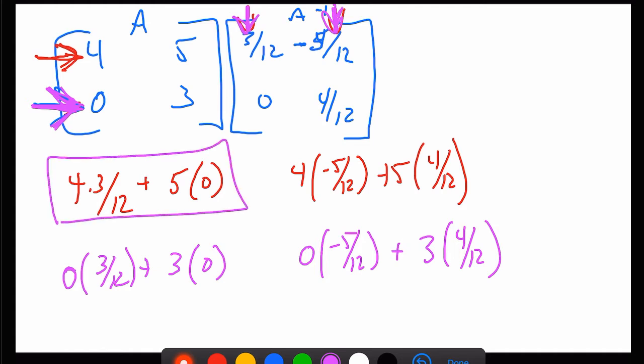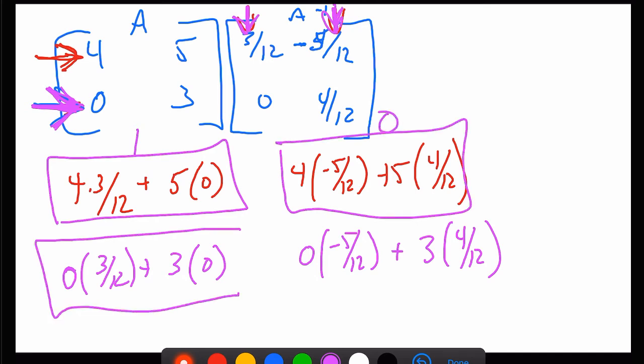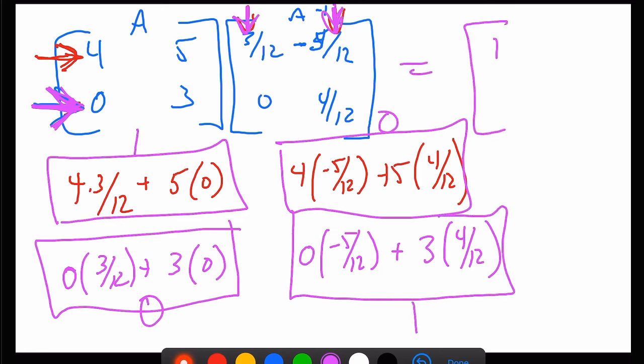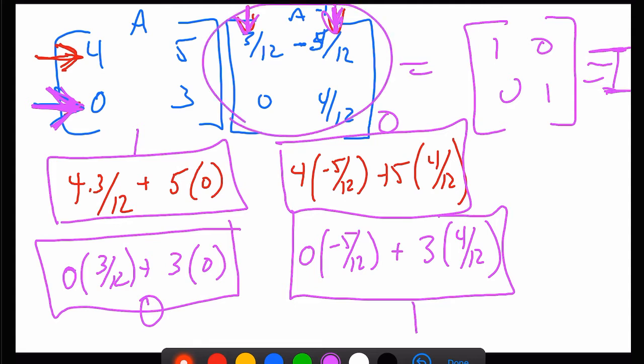That's 1. That's 0. That's 0. And that is 1. So this is equal to 1, 0, 0, 1. It's equal to an identity matrix. It's an I. Yes? And that is the inverse of A.